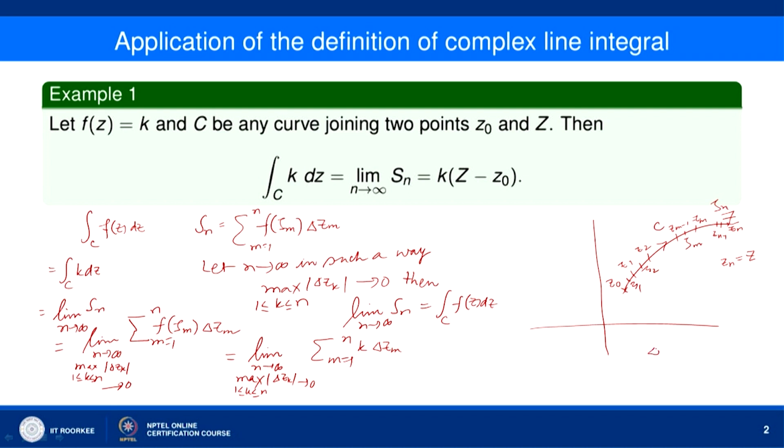Now, recall that delta z m is equal to z m minus z(m minus 1). So, let us find the value of this sum. k is a constant, so k can be written outside the summation, and delta z m is z m minus z(m minus 1), summed from m equal to 1 to n.